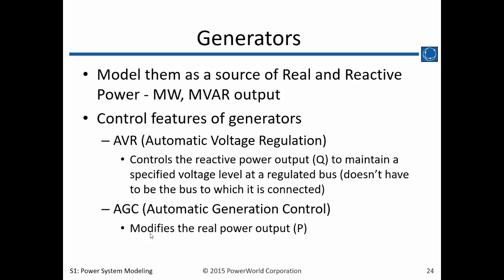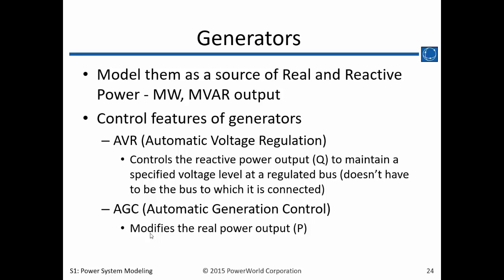Typically, the further away electrically from the generator, the more difficult it is for the generator to regulate voltage, because VARs, just for lack of a better way to put it, don't travel well. So VARs and voltage regulation tend to be a local phenomenon.